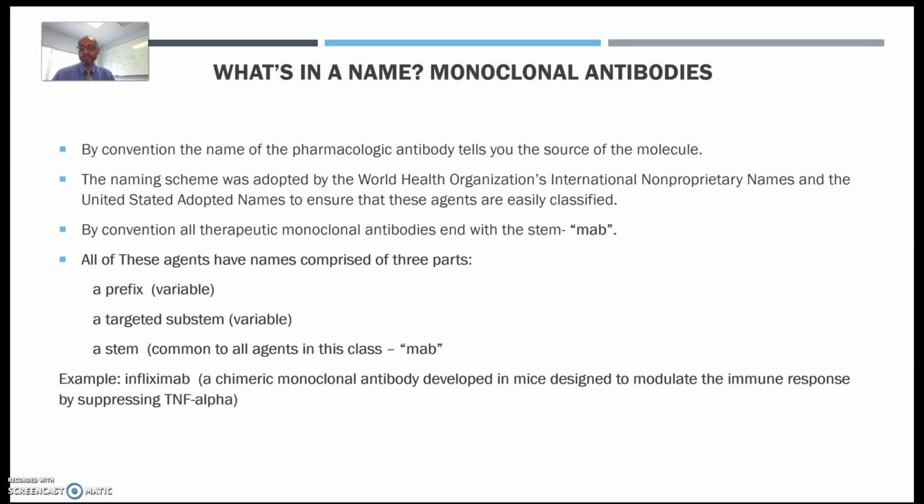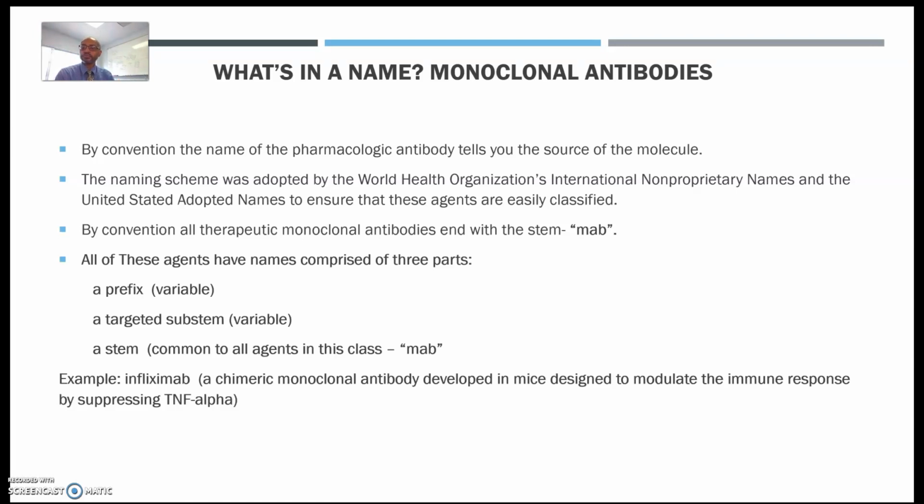Now, by definition, all these names for products derived from cell-based therapies will have three parts: a prefix, which is variable, a targeted substem, which is variable, and that common stem. That common stem is the part we're going to key in on. So if you see a drug listed with a generic, non-trade name ending in MAB, you know you're dealing with a monoclonal antibody.